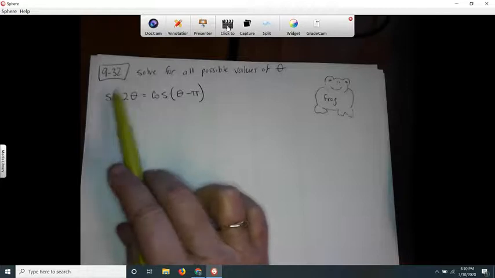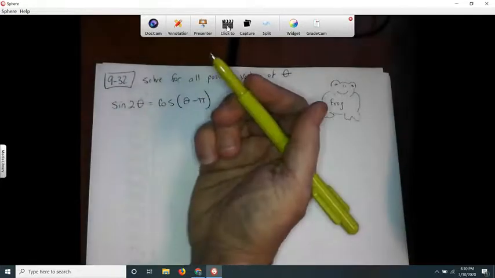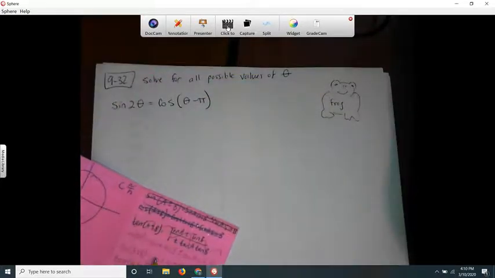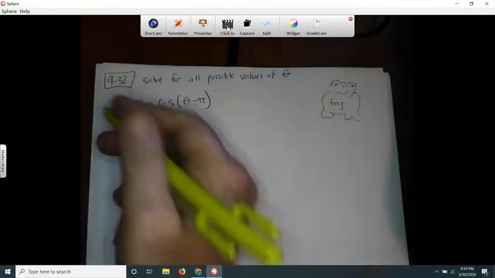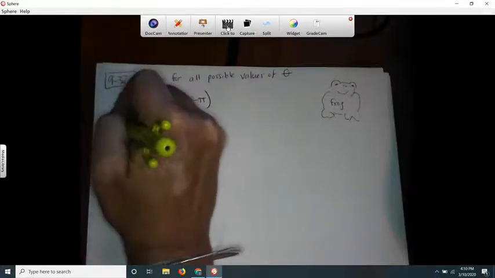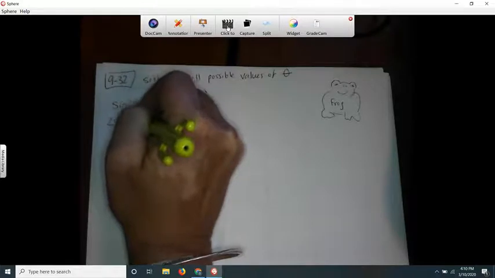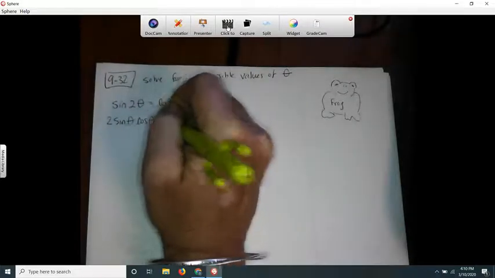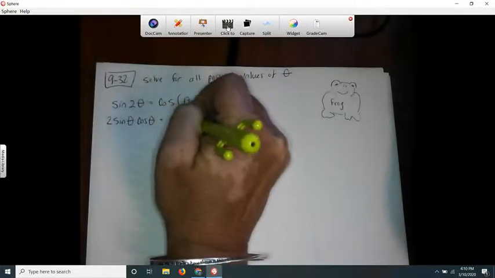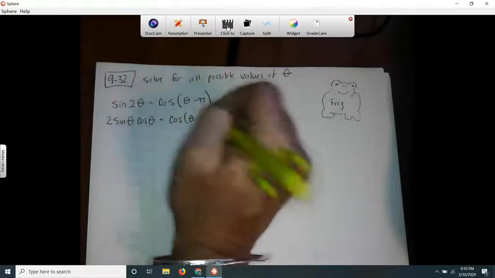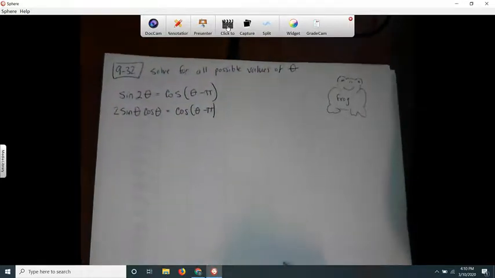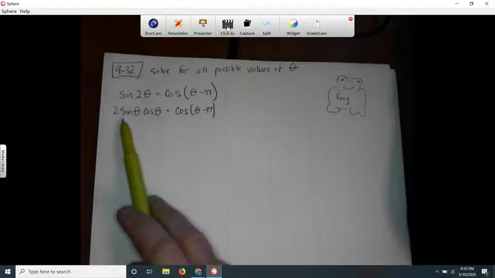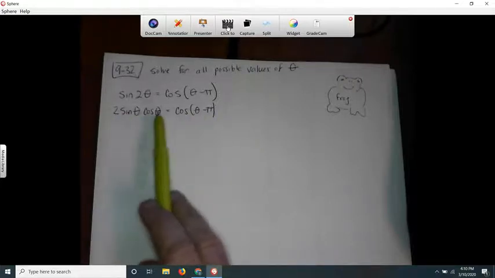So I'm just going to use my double angle. And then that's when I got confused, because I still had sines and cosines in here.